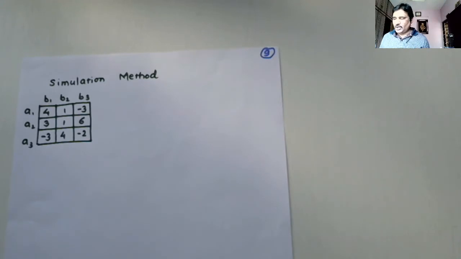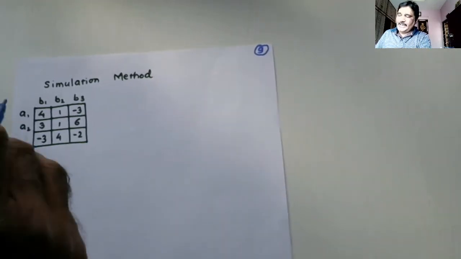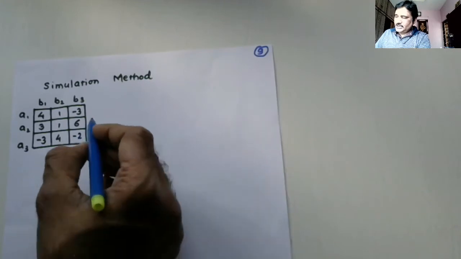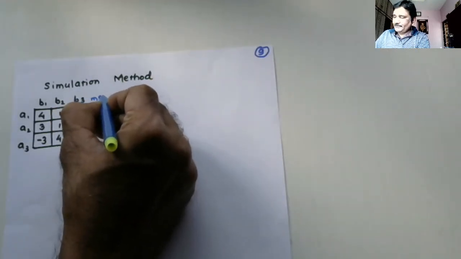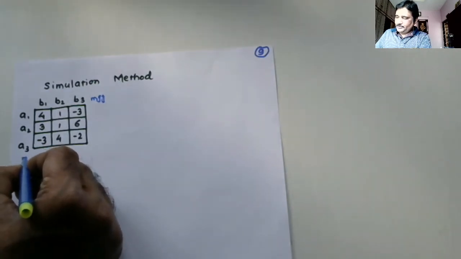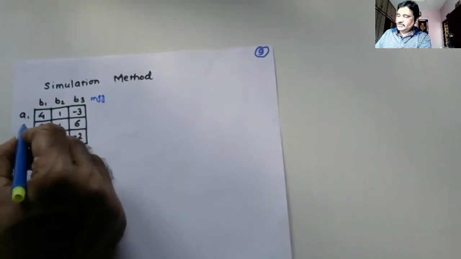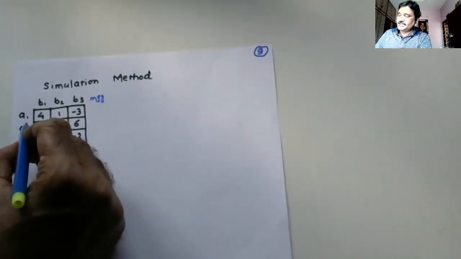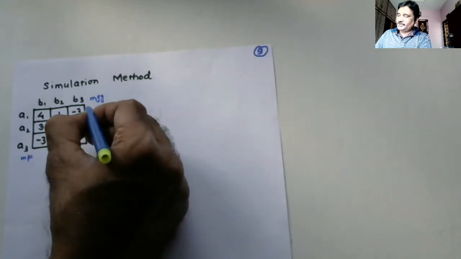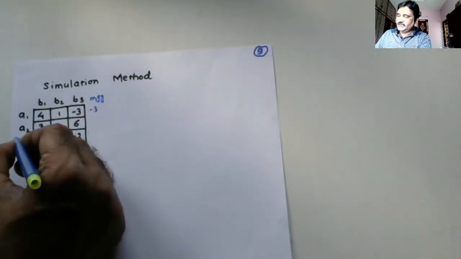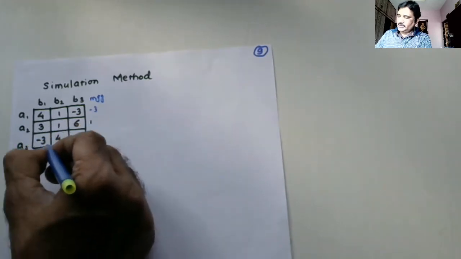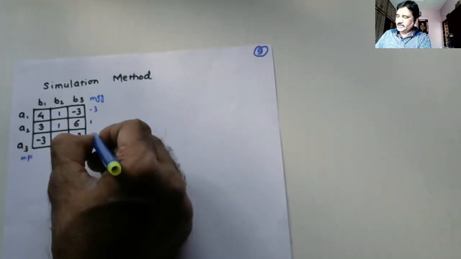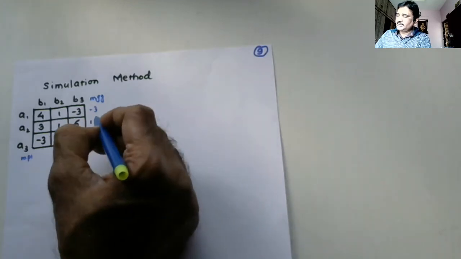But before we solve this game by the simulation method, let us first find the minimum guaranteed gain and maximum possible loss. So here for this game, the minimum in the first row is -3, then in the second row is 1, and in the third row it is -3 again. All right.